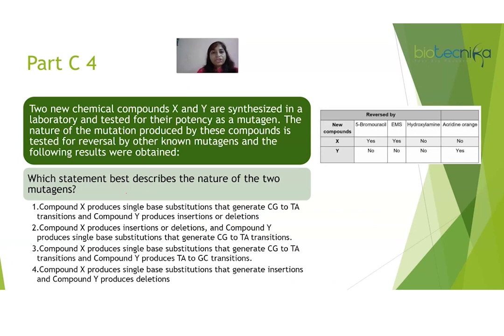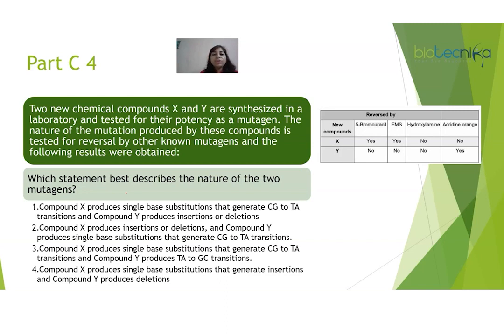Now next question, another popular question. It has been quite popular, although in the last 2 sessions, last session actually, no question came from this part, which is about the mutation reversal study. But this time it came and it is very, very easy. So 2 new chemical compounds X and Y are synthesized in a laboratory and tested for their potency as a mutagen.